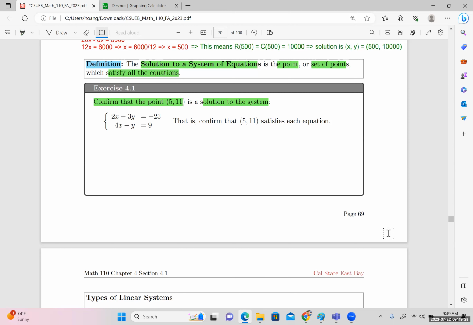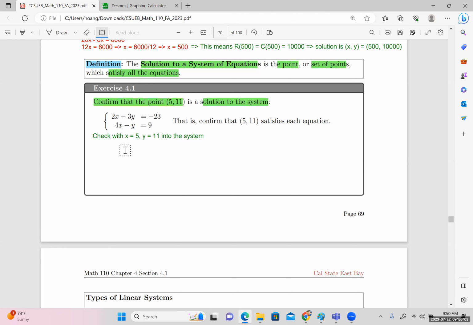We have to check if the point satisfies all the equations. So check with x equal to 5 and y equal to 11 in the system. Substitute into both equations the values x equal 5 and y equal 11 and see if it gives a true statement or not.